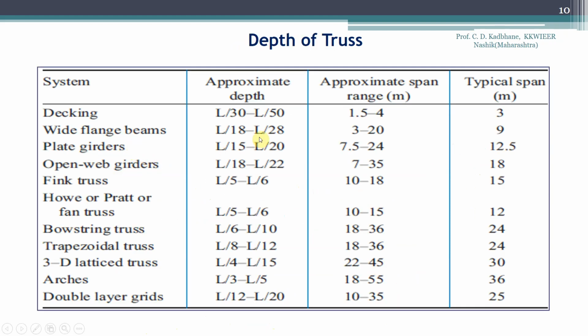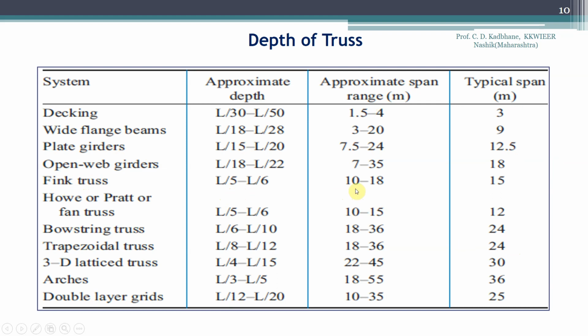Now let us learn about the depth of truss. Actually, here different types of trusses or different types of beam elements or open web elements, their approximate depth, approximate span and typical spans are mentioned. So here for Fink truss, the approximate depth is taken as L by 5 to L by 6.